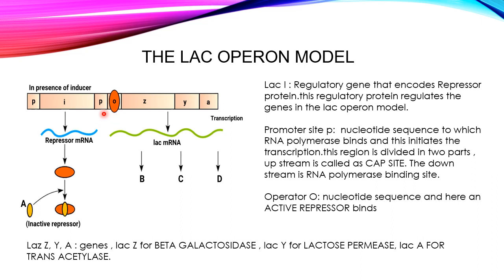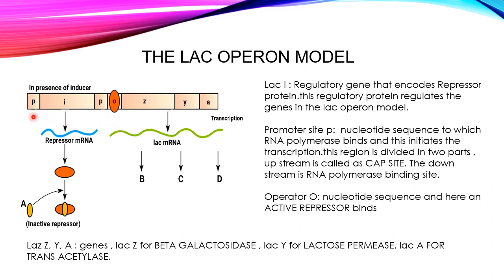Okay, the difference here between the TRYPTOPHAN and LACTOSE model is this: the promoter region here is divided into two parts. You can see here, this is also a promoter region, this is also a promoter region. In between, you have the operator. Okay, so this is called upstream and this is downstream.